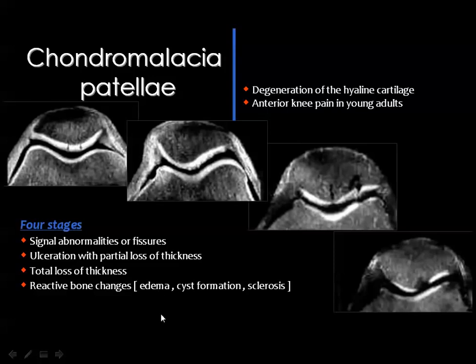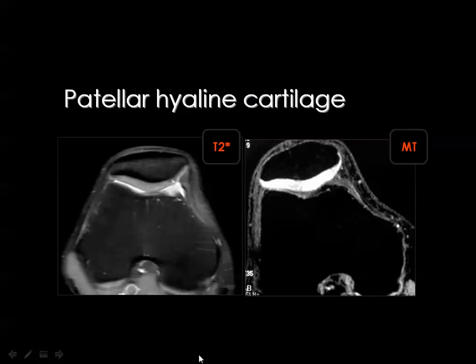In stage 3, you see total loss of the patellar articular cartilage. In stage 4, you see total loss of the patellar articular cartilage with reactive bony changes in the patella itself, including edema, subchondral cysts, and bone sclerosis. These are the changes of chondromalacia patella.